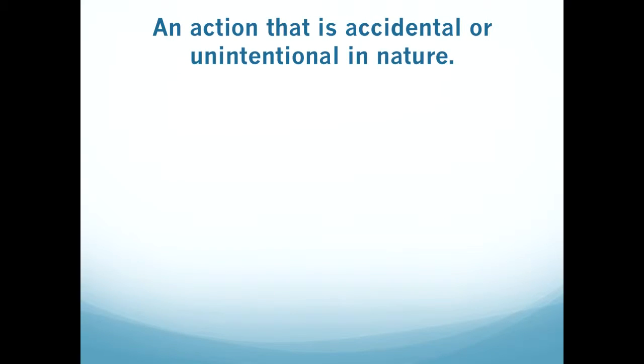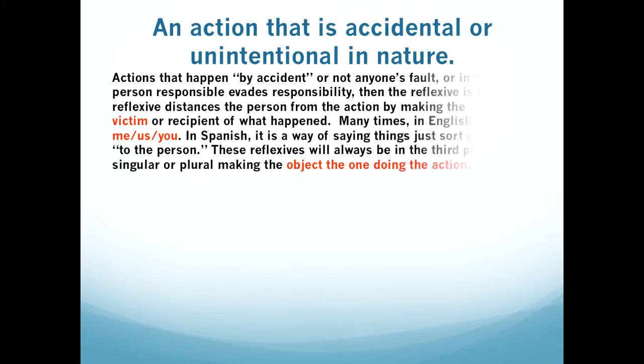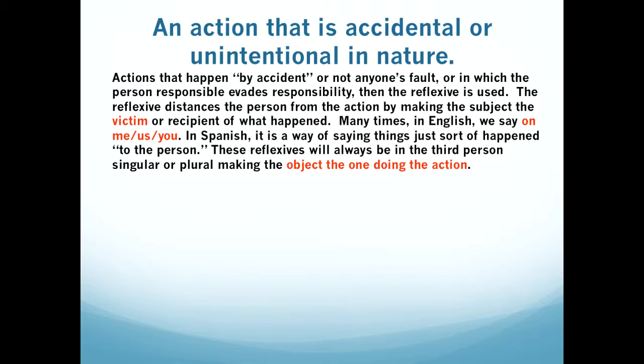Another use for the reflexive is an action that is accidental or unintentional in nature. Actions that happen by accident or not anyone's fault, or in which the person responsible evades responsibility, then the reflexive is used. The reflexive actually distances the person from the action by making the subject the victim or recipient of what happened.